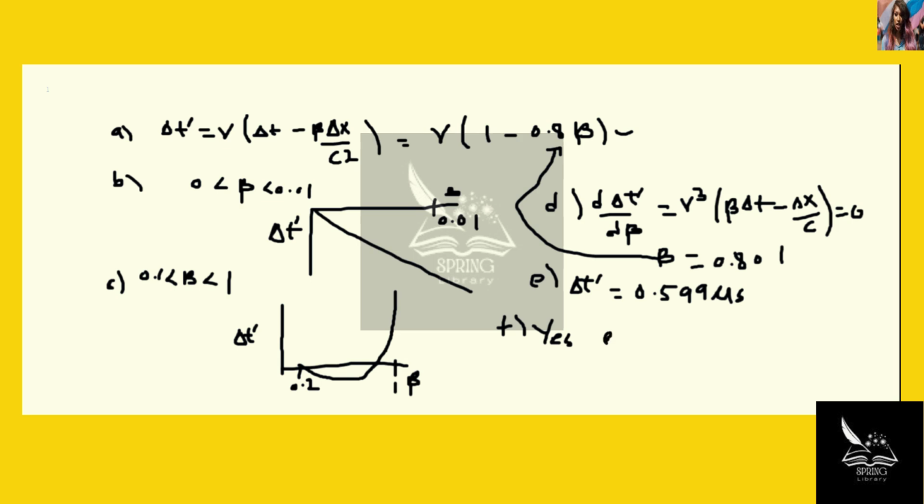So for any event that happens at a point, event A, the causality will go from event A to event B, and these events are called time-like events. End of the problem.